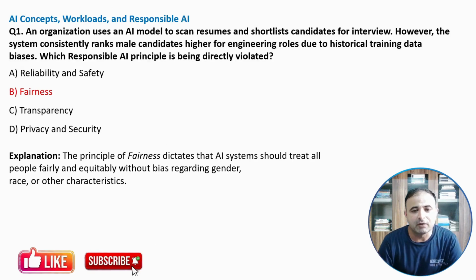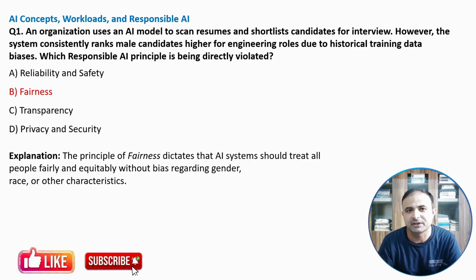Now I want to discuss the more important questions, the areas from which questions have more chances of coming. First, AI concepts, workloads, and responsible AI. The first question: an organization uses an AI model to scan resumes and shortlist candidates for interview.